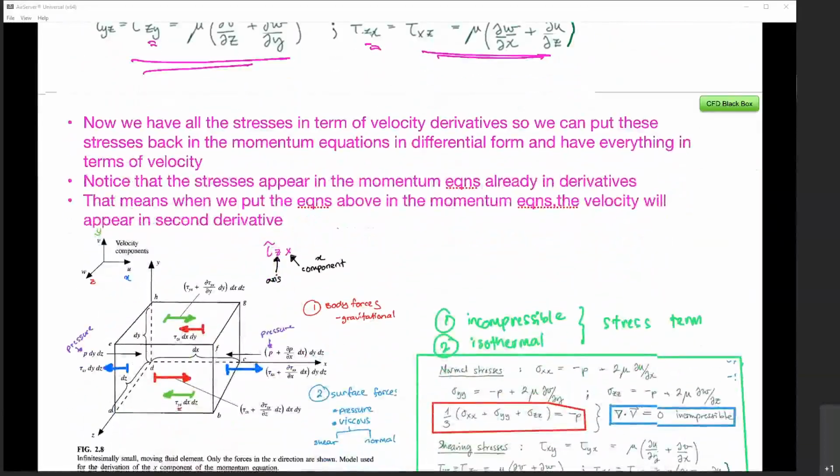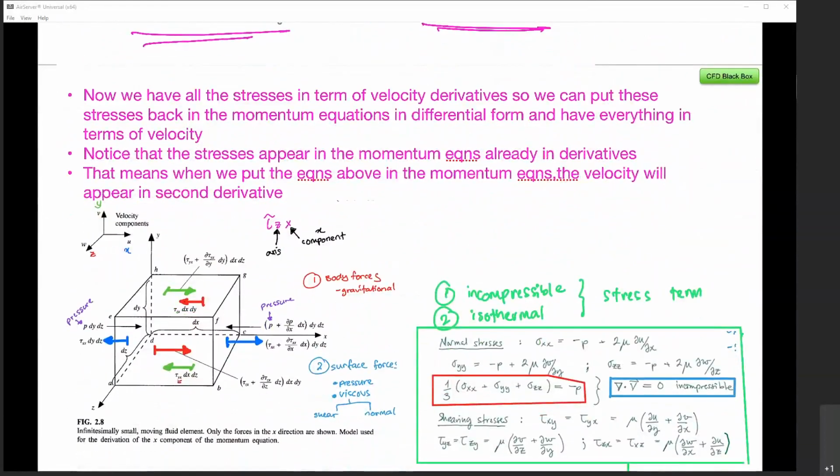Now that we have all the stresses in terms of velocity derivatives, we can put these stresses back into the momentum equations in differential form and have everything in terms of velocity.